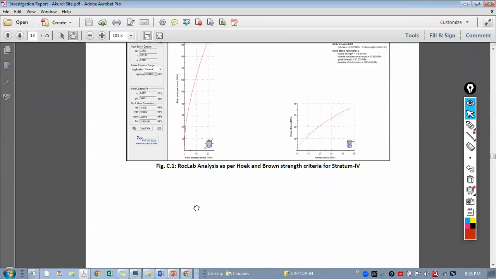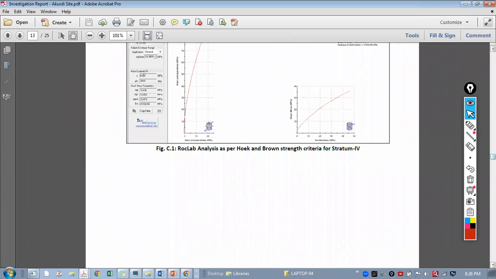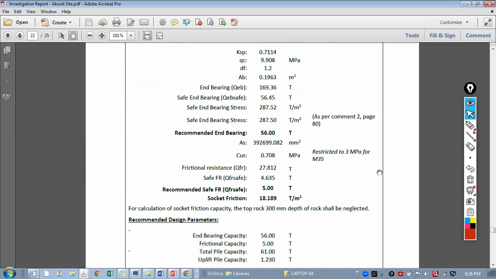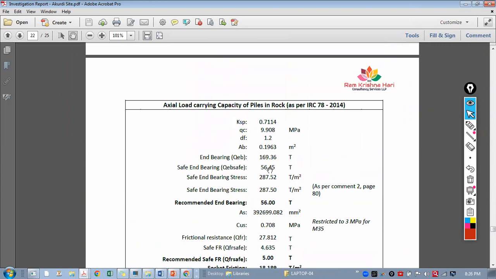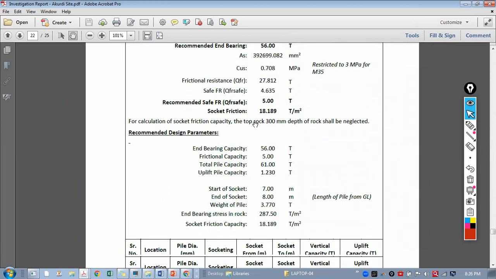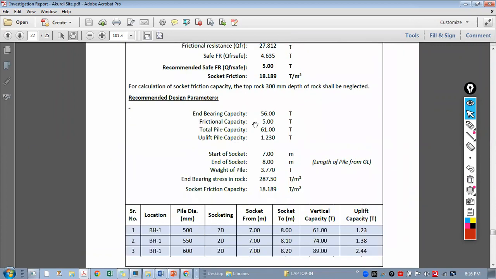Okay. So this is one type of geotechnical report, and they are even giving the calculations also. Axial load carrying capacity of piles in rock. They are using all the properties of the soil and rock to calculate the capacity. Okay.